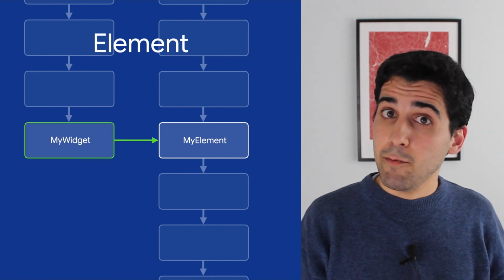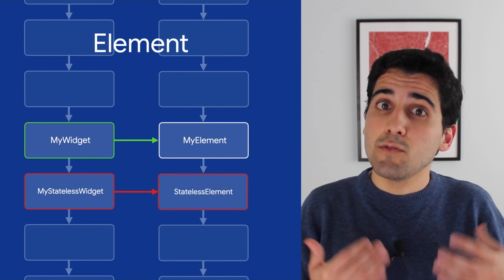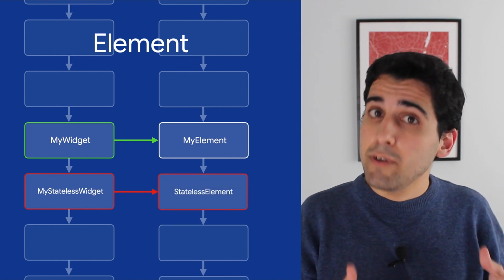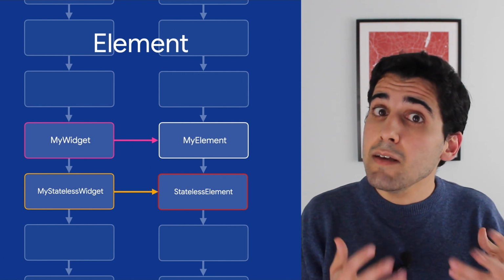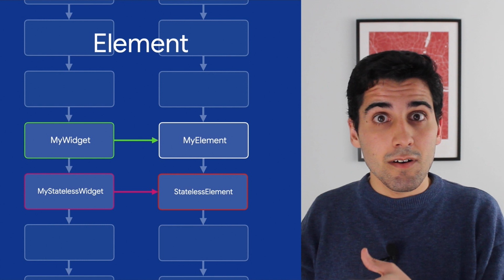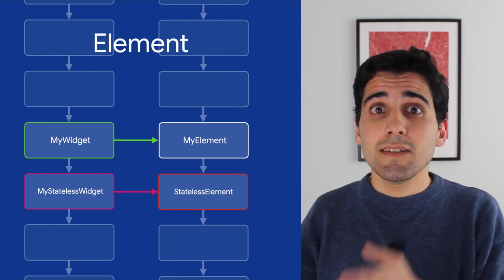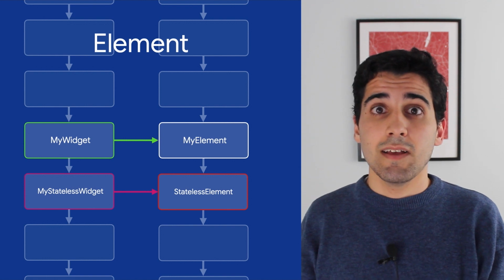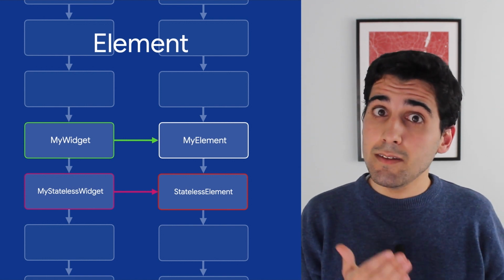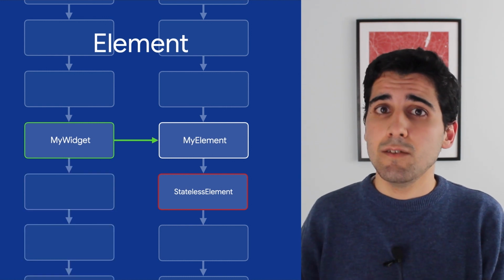So every time we create a widget, its element is also created and mounted. If we want to update our UI, the widget tree is rebuilt. Well, at least the part we want to update. But the element tree is more clever. It detects what changes happen in the widget tree and it updates its elements accordingly. Same happens if a widget is removed. If a widget is removed, its element in that position will also be removed.